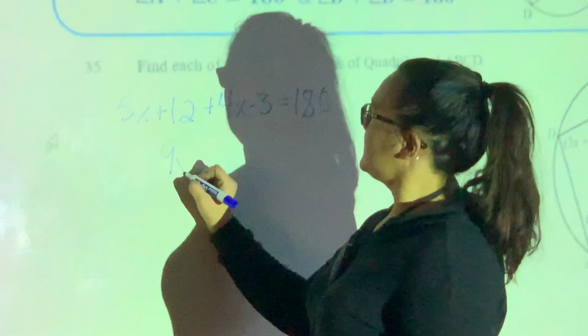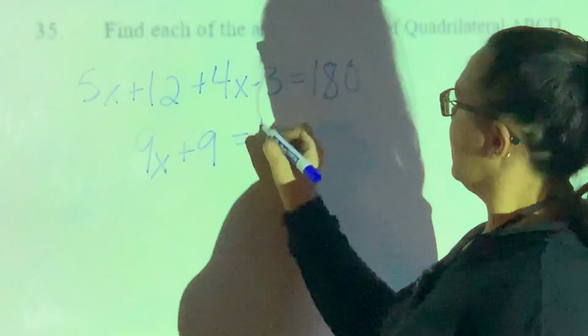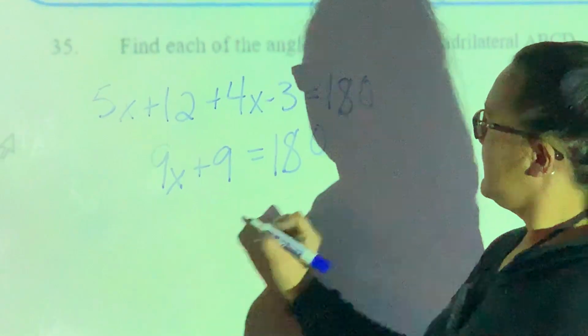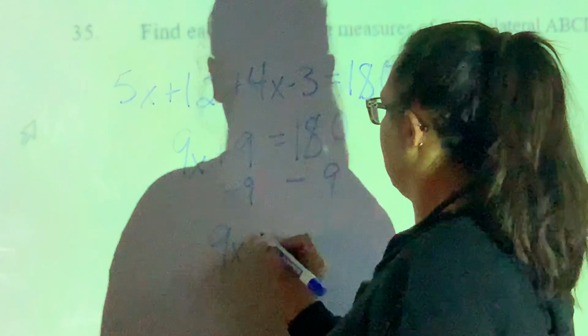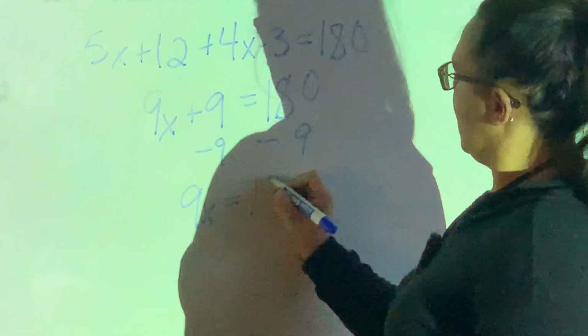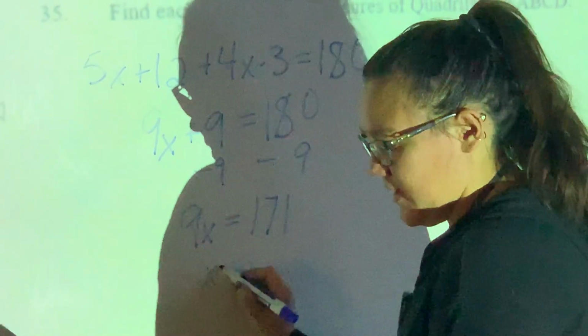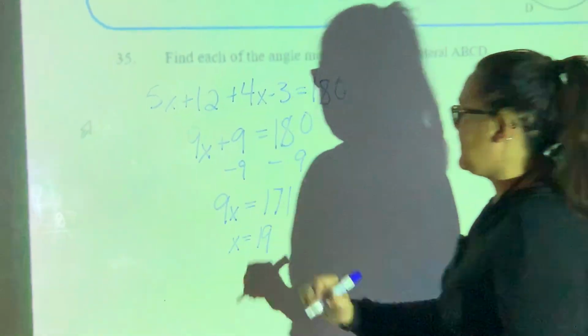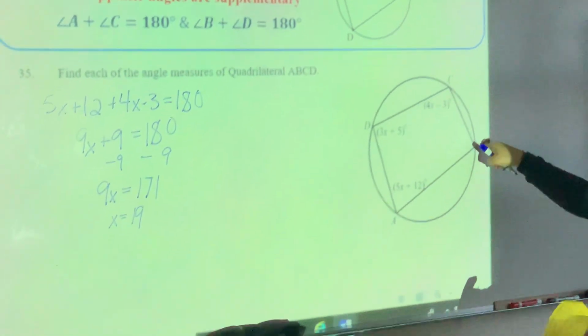So we have 9x, so we combine like terms, and 9x plus 9 equals 180. Subtract 9 from each side, 171. So x equals 19. And now that we know that, we can now solve for all of the angles.